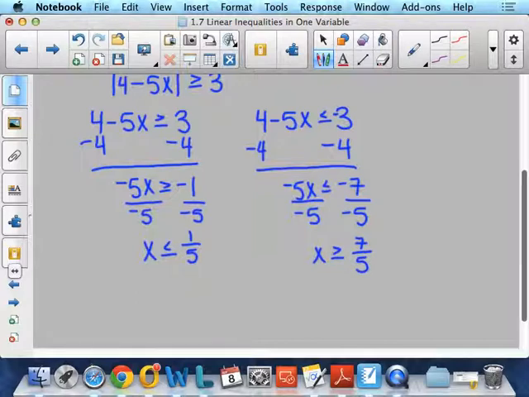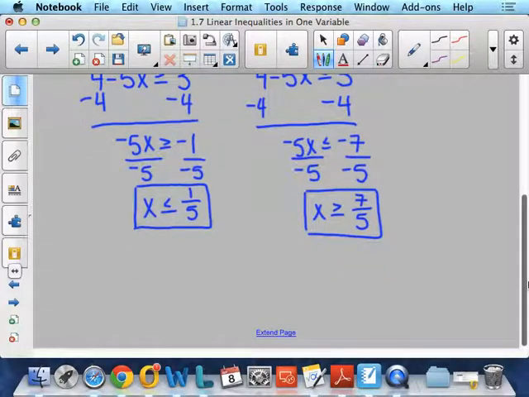Okay, so my compound inequality, x is less than or equal to 1/5, and x is greater than or equal to 7/5. Okay, so I still have to graph this.